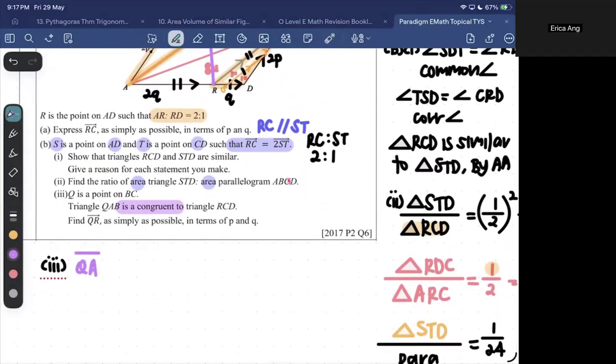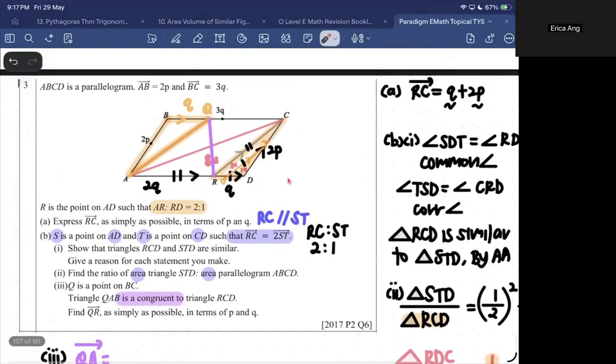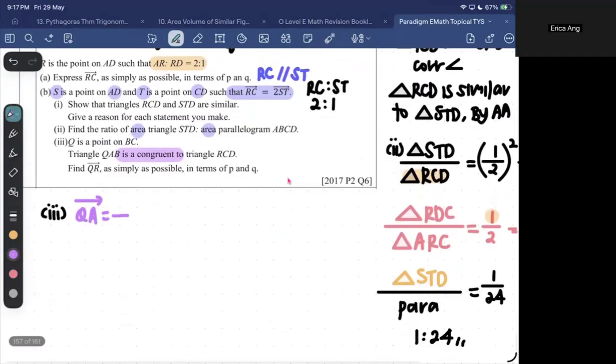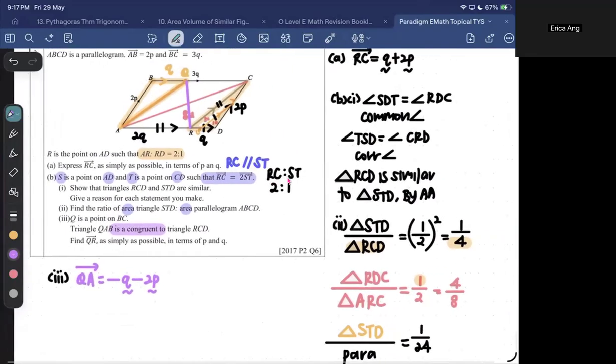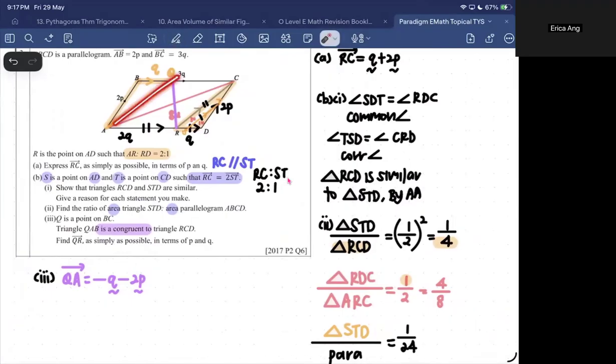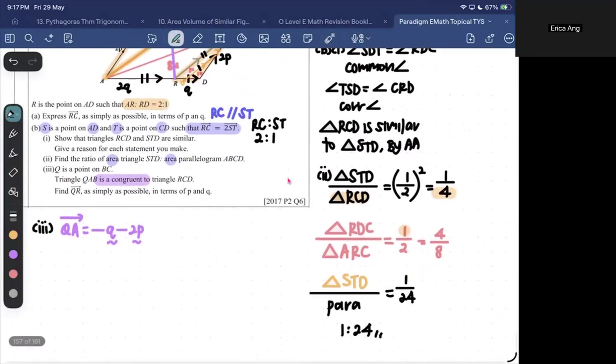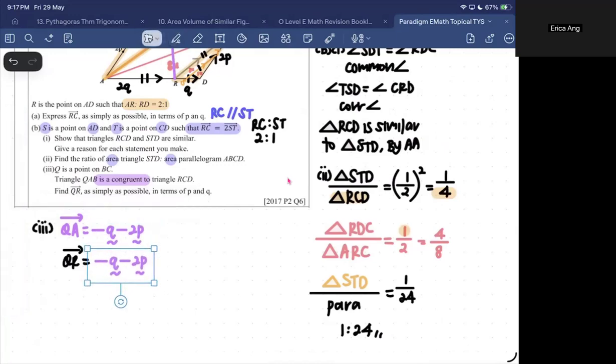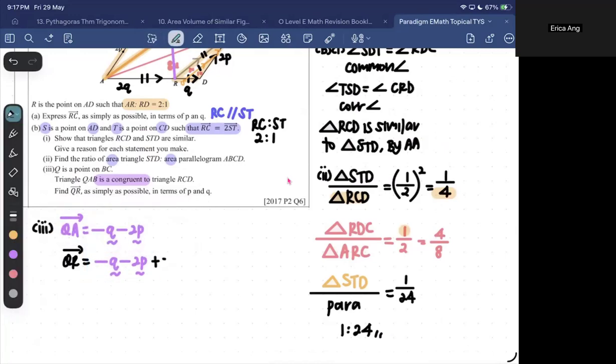So QA will be, careful your direction. QA will be like that, then like that. So minus q minus 2p. Remember to put your curly line below. Then now you just need QR. So QR will be QA plus AR. So QA is this one, and then AR is 2p.